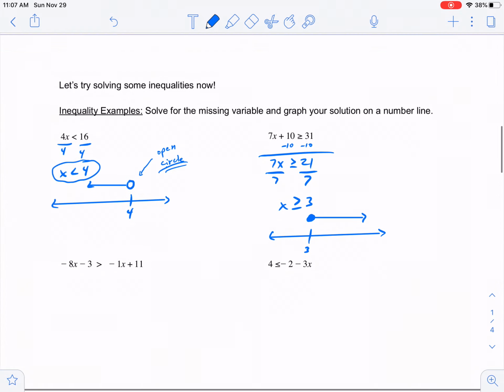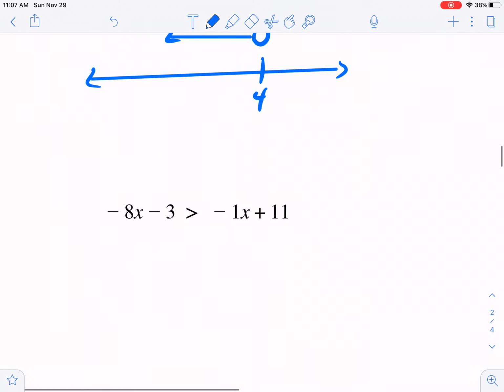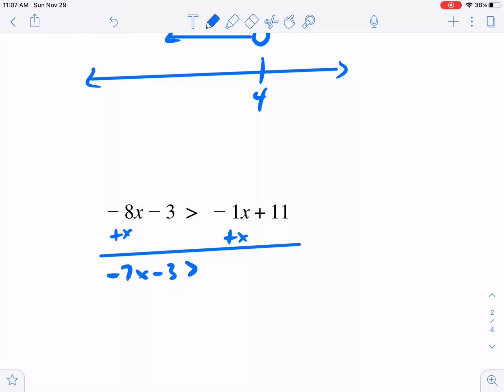Boom. Here we go. Let's get all the x's on one side. So plus x, and you get negative 7x minus 3 is greater than 11. Let's add 3. And you get negative 7x is greater than 14.